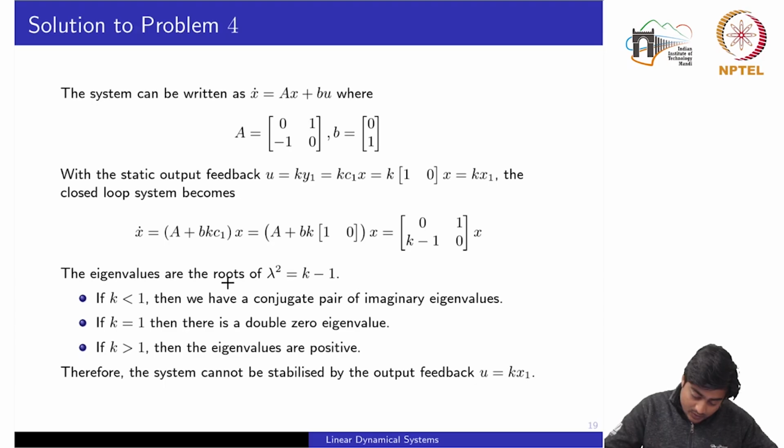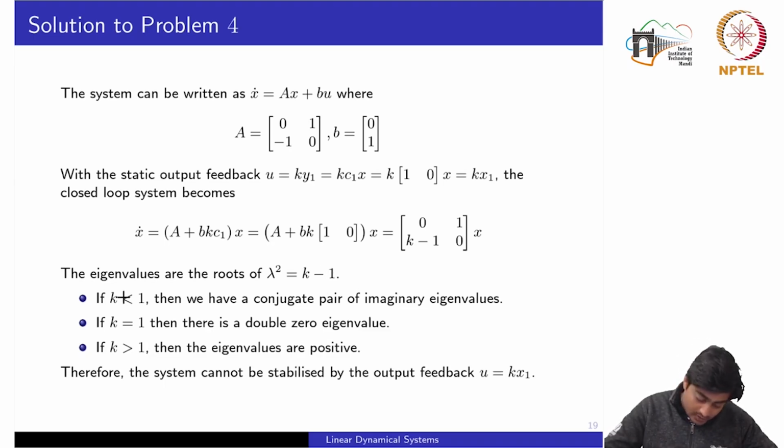Now from this equation you would see if K becomes equal to 1, right? K becomes equal to 1, then the eigenvalues would be a conjugate pair of imaginary eigenvalues, meaning to say that the system would be oscillatory. Now if K becomes equal to 0, then we would have a double integrator, meaning to say that the system is again unstable, and if K is greater than 1, then all the eigenvalues would be positive, that is on the right hand side.